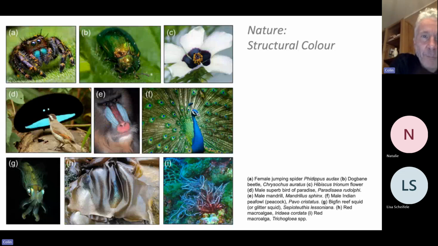Often in the wing of a butterfly, both of these things are happening at the same time. But also in things like certain types of squid, crustacea, or the Panel H, which is macroalgae, seaweed, or commonly in birds or in plants, this phenomenon exists. And it's almost always important.